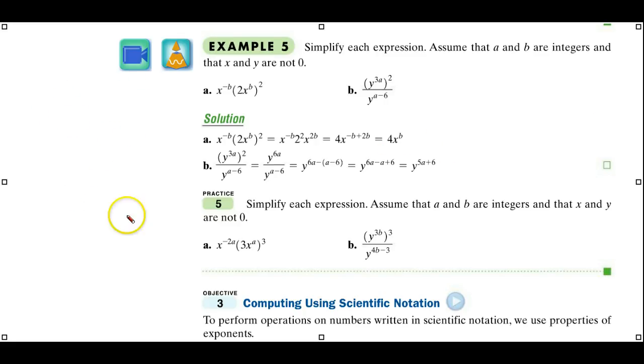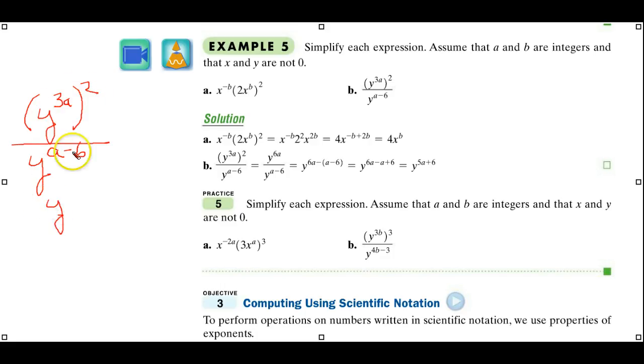All right, let's write the other one out. So as we do this, we're raising a power to a power. We multiply exponents. So our top will end up being y to the 6a power. And our bottom is y to the a minus 6.